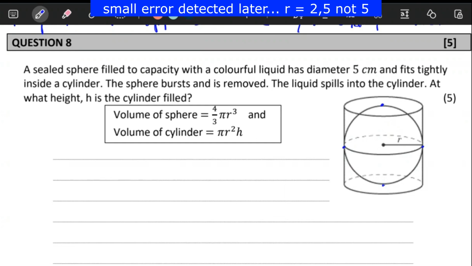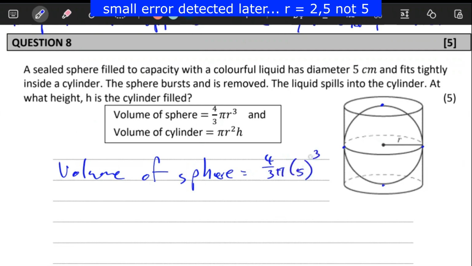All you want to do is take the volume of the sphere and compare it to the volume of the cylinder. That's all you have to do. So let's take the volume of the sphere. They gave the formula to us here. You don't have to rewrite the formula, you can just use it. 4/3, radius is 5.